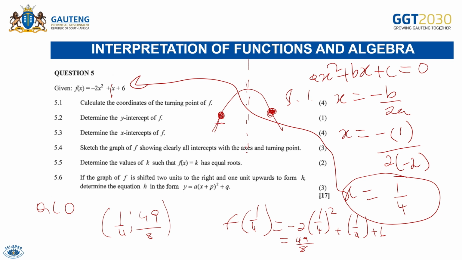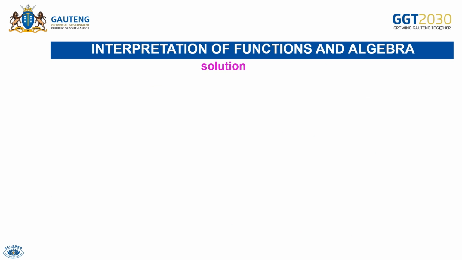You shall get 1 over 4. Then you take that value of x and substitute it in your original equation. Are we together, guys? Okay, let's move to 5.2.